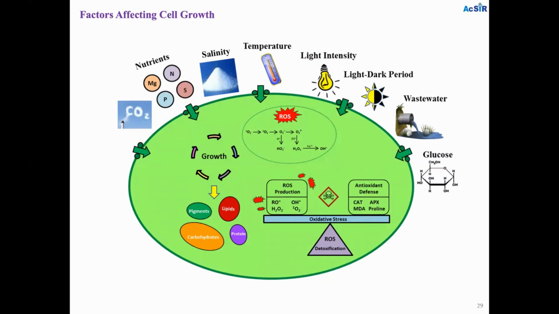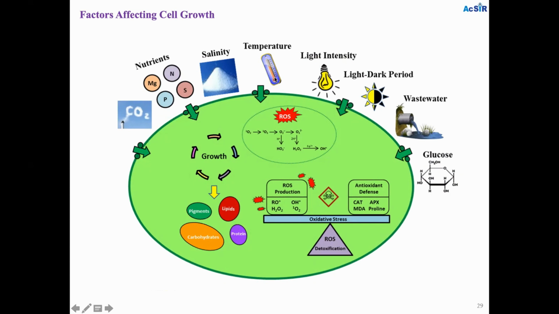This includes the amount and availability of the nutrients, temperature of the environment, availability of light, light and dark cycle period, and light intensity, and then quality of the water, including wastewater, etc. All these factors affect the growth of the cell. This in turn affects the accumulation of pigments, lipids, protein, and carbohydrate in the cell.